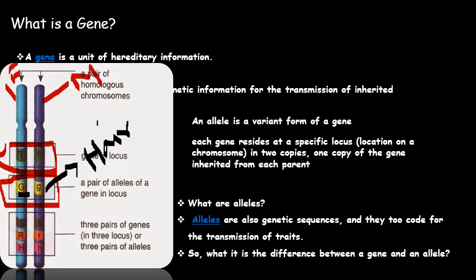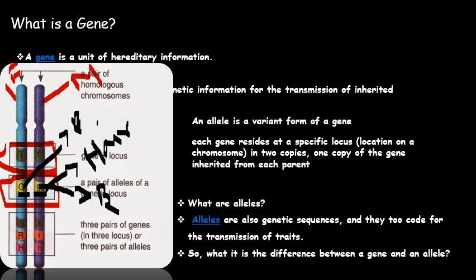So here we have capital G and small g. Let's just say capital G is brown color, and small g is black color. So these two are alleles. In homologous chromosomes, in a specific location, the same type of genes will be there, but inside the genes we'll have different types of alleles.